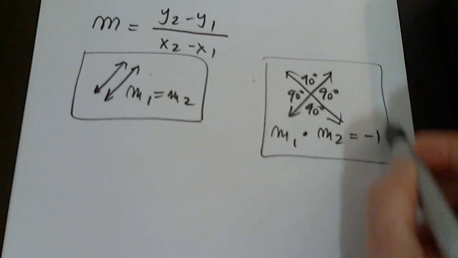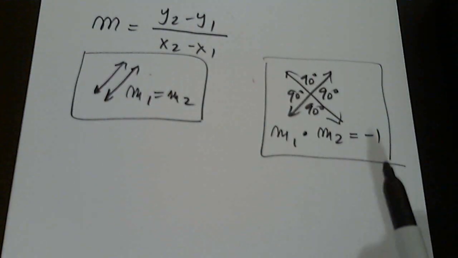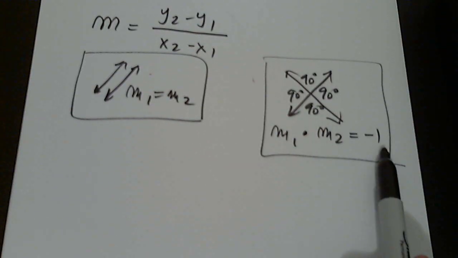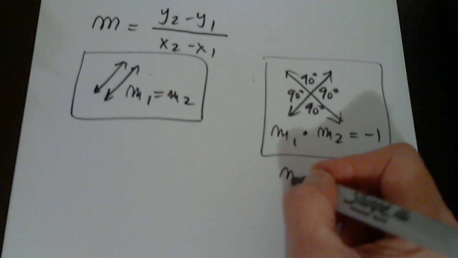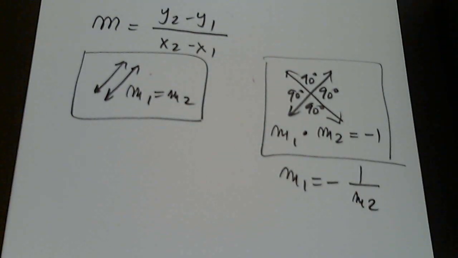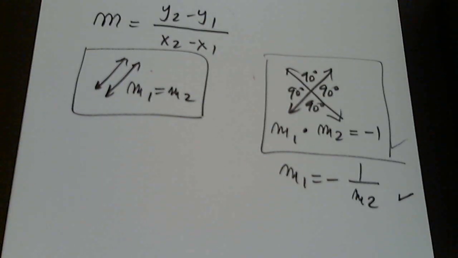Perpendicular lines have slopes in this relationship. You may remember it differently as m1 equals negative 1 over m2. It's easier if you just multiply and say the product is negative 1. Both are fine. You choose.